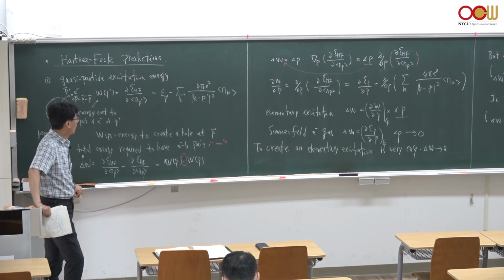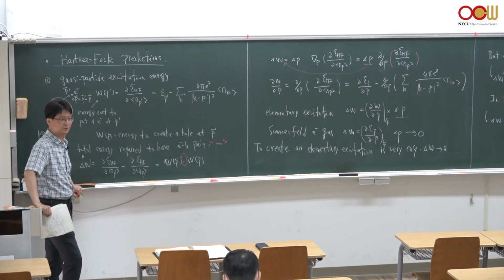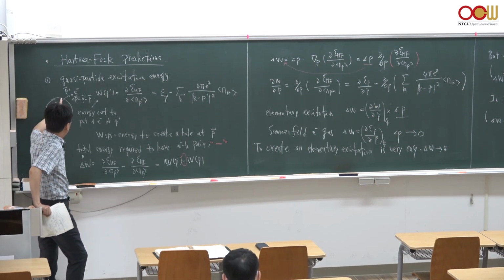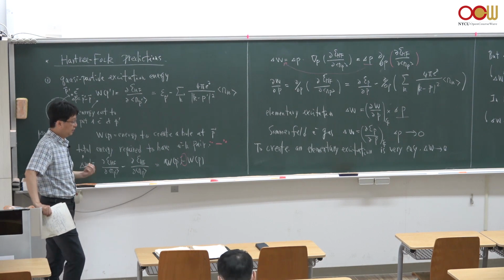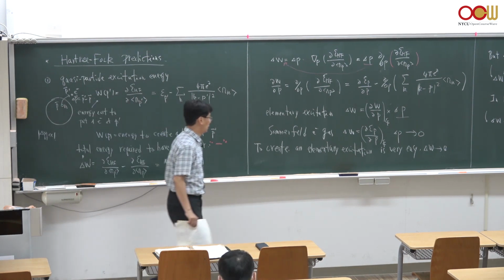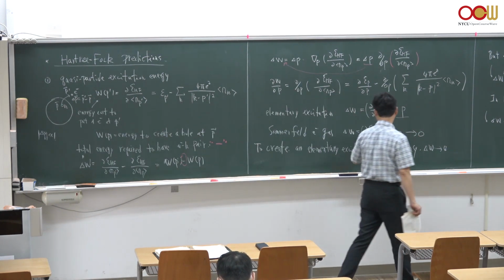So they live forever. Remember that, right? So the quasi-particle electron-hole pair lives almost forever when they are very close to the Fermi energy, which means that it's really easy to have such a particle-hole excitation.